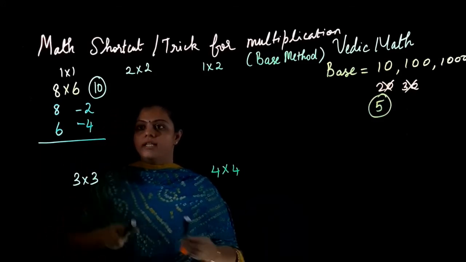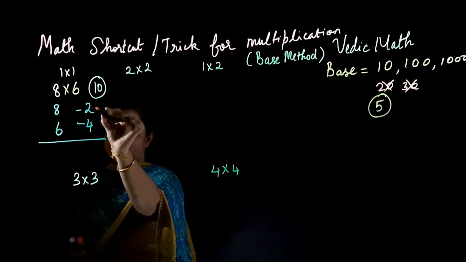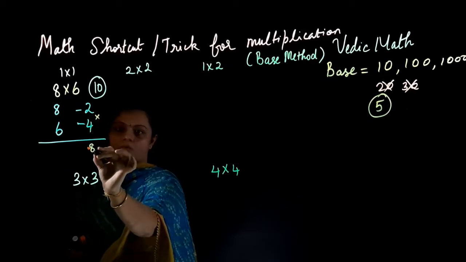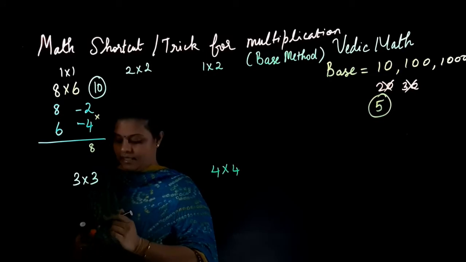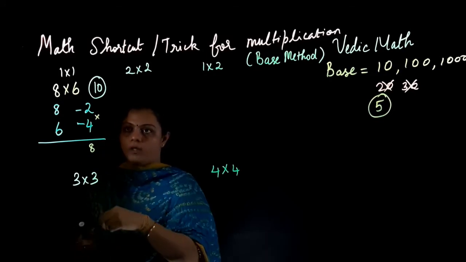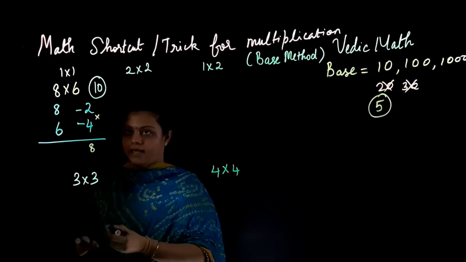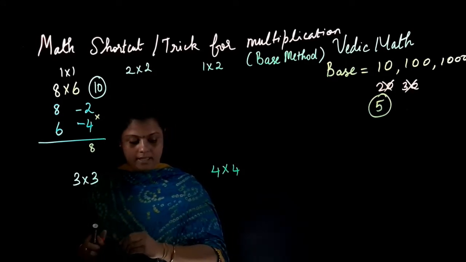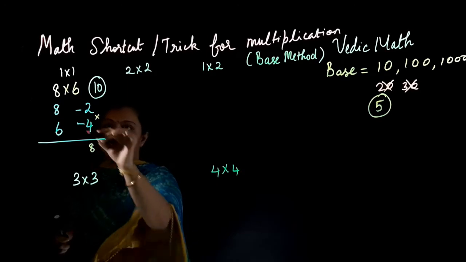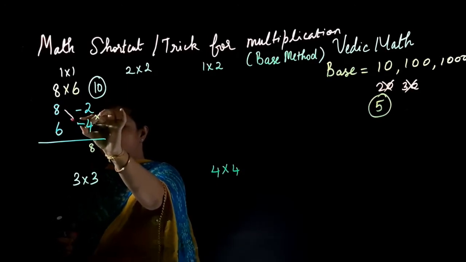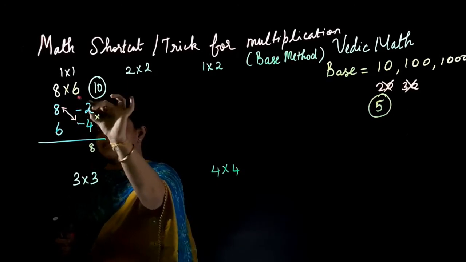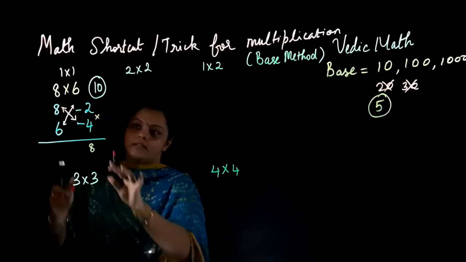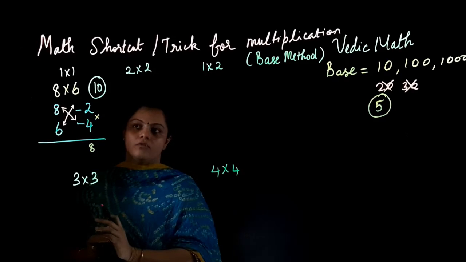Now my unit digit is going to be just the product of these two differences. This minus and minus would become plus. Next, we have to find the difference of the numbers which are remaining in terms of diagonal.